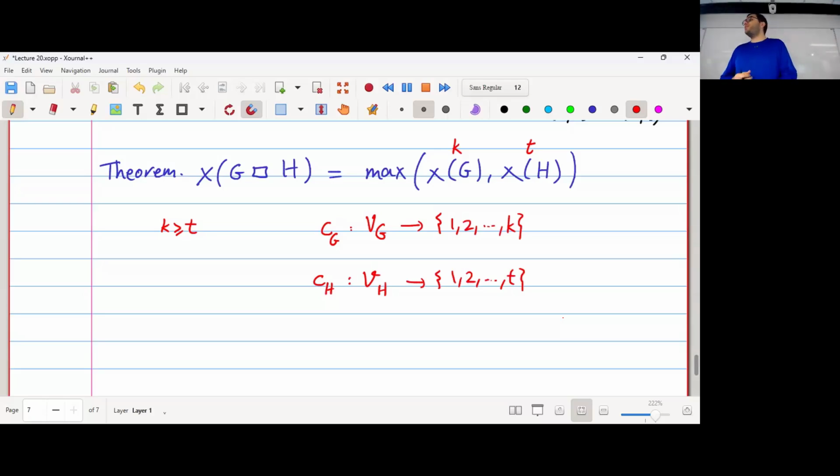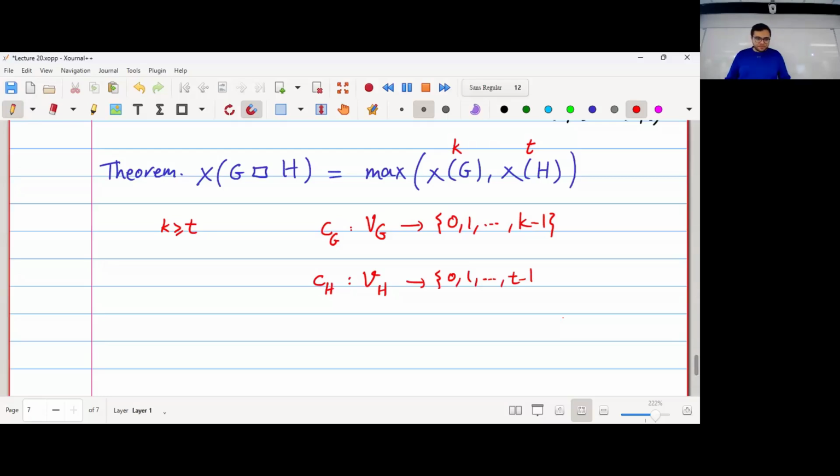I want to start my numbers from 0. Okay. So let's say that my coloring in G is mapping every vertex to colors between 0 to K minus 1. Right? It's just easier for me this way. And here, I also say that it's mapping to colors between 0 to T minus 1. Just subtract 1 from every color.